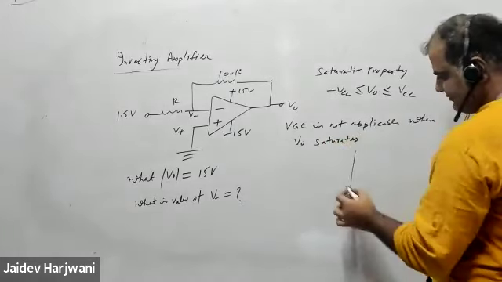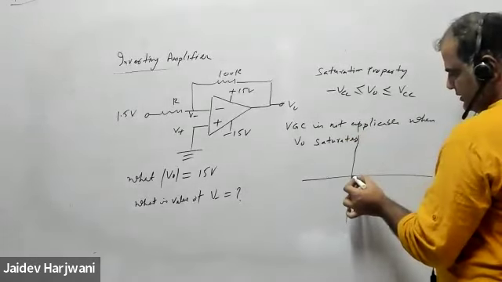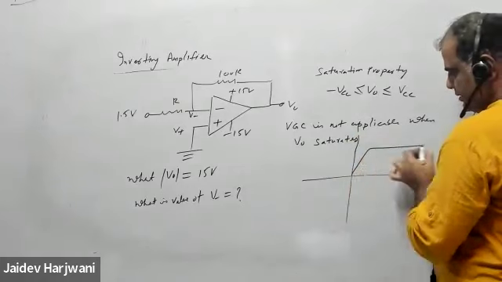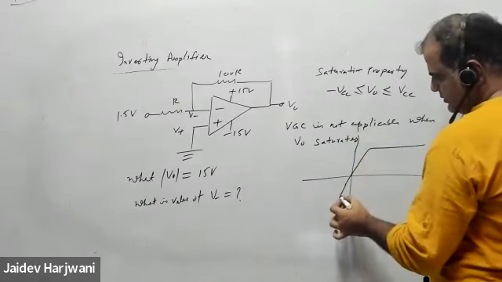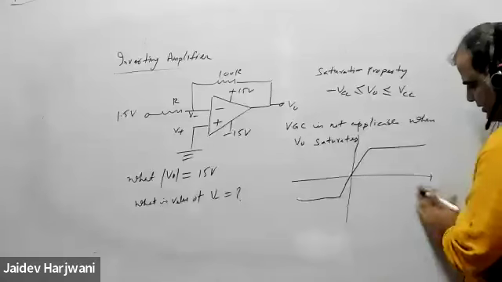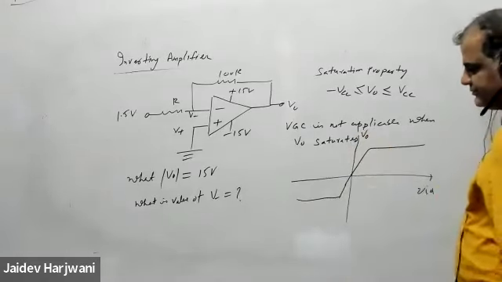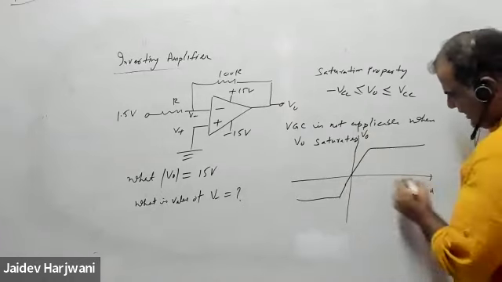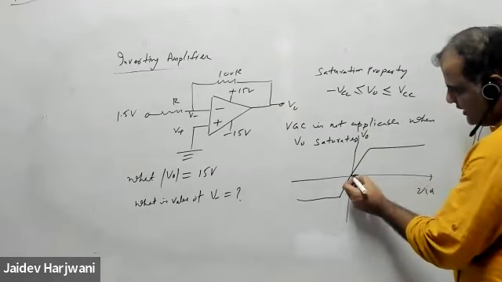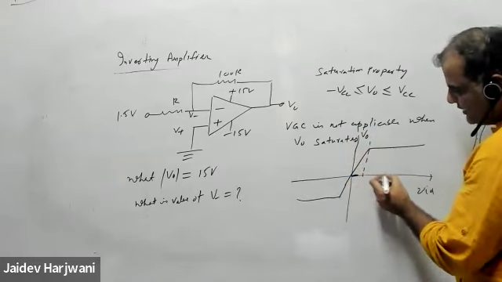Carefully see the graph. This is the graph. This is the VID, and this is V naught. So VID is 0 only in this region when it is not saturating. Here it can be anything.